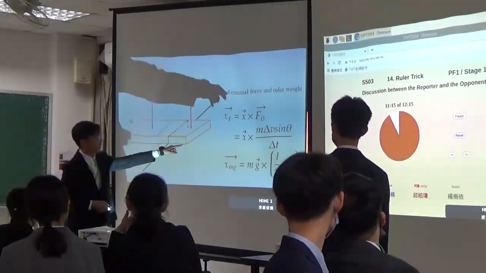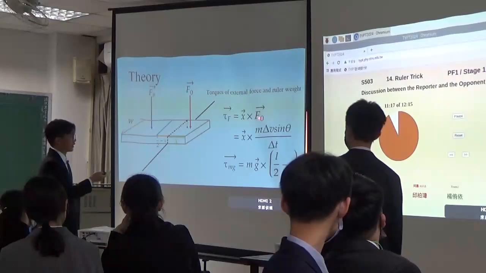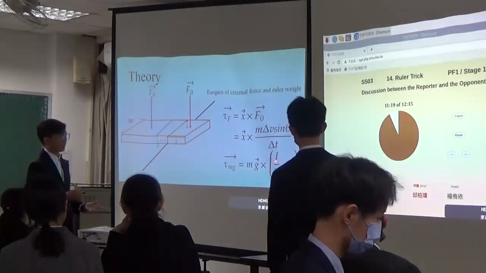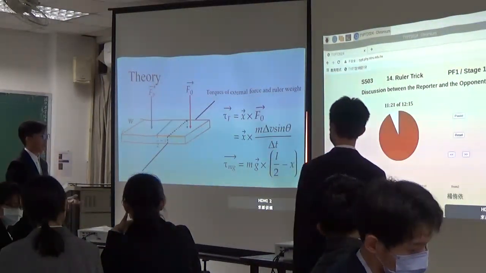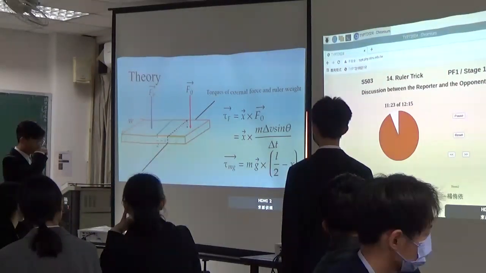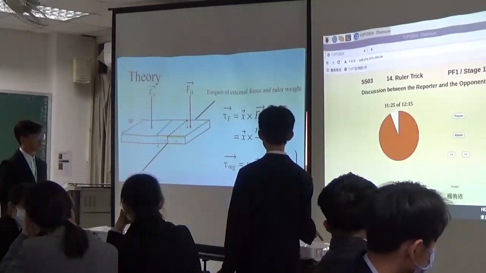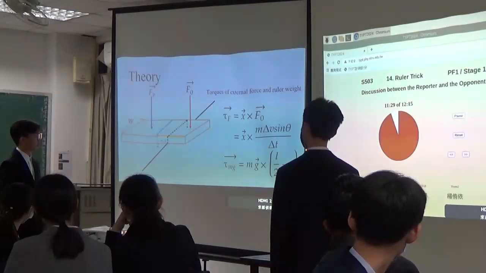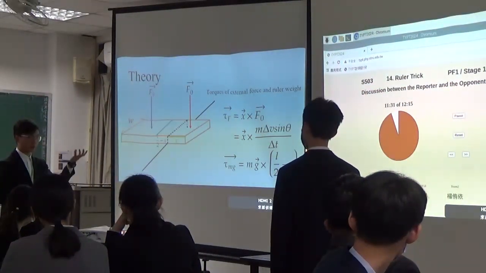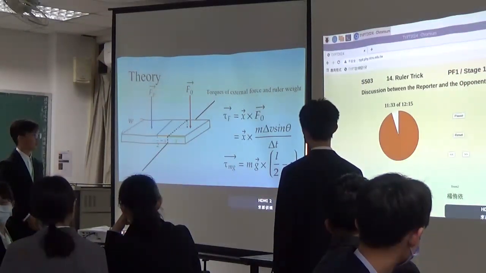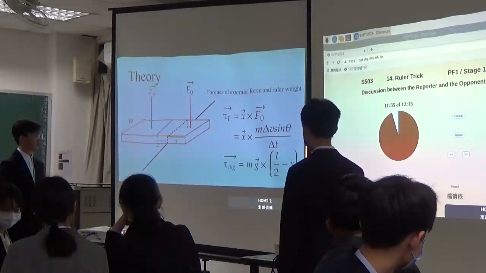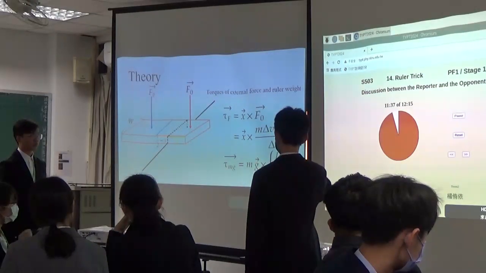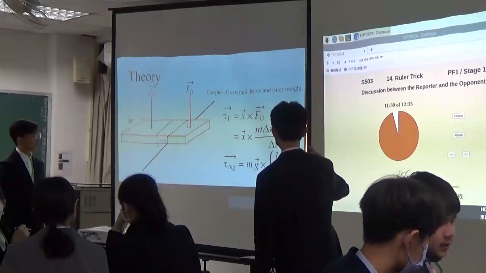We change this into this in order to calculate the value of torque F. What's the small m? M is the mass of the ball. I think it means the mass of the ruler.